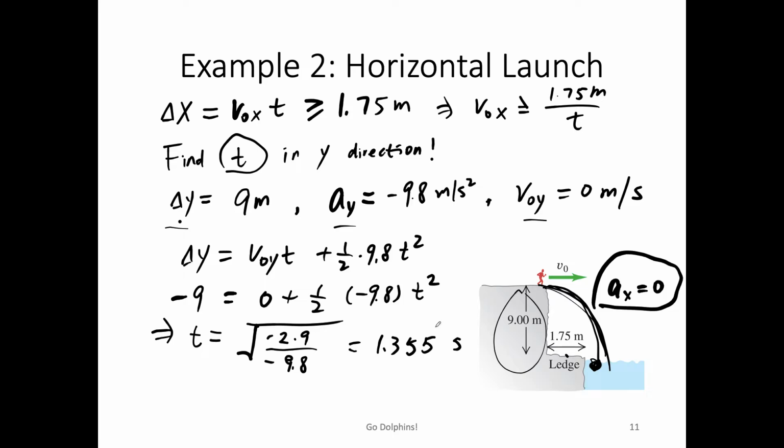So you can plug in this t now, and you find there's a minimum velocity in the x direction, so that the swimmer jumps into the water.